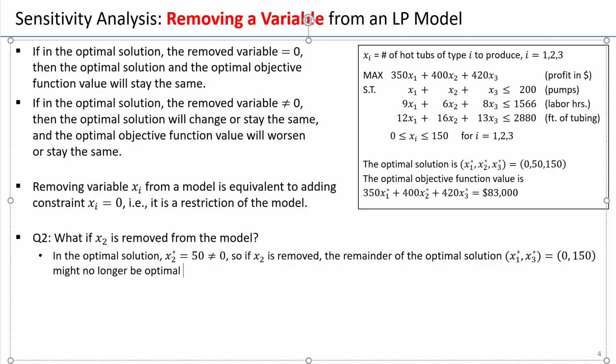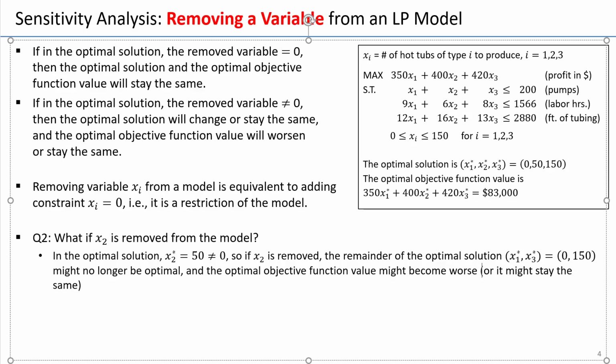That's why I'm saying might, but most likely it will not be optimal, and the optimal objective function value might become worse, because we just removed a variable. So we just applied a restriction, as if we said x2 equals 0. And now we cannot have x2 equal to 50, so this optimal objective function value might become worse, or it might stay the same in general.